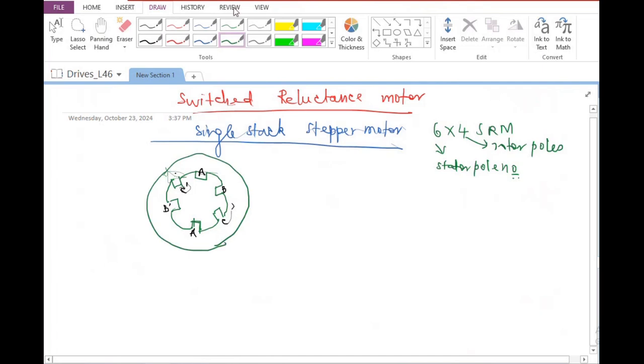Now, as far as the rotor is concerned, as I told you, I'm going to have probably 2 poles here and 2 more poles here, and I'm showing a 6x4 structure for this. So this is the rotor. Let me call this 1, this is 1 dash, this is 2, and this is 2 dash.